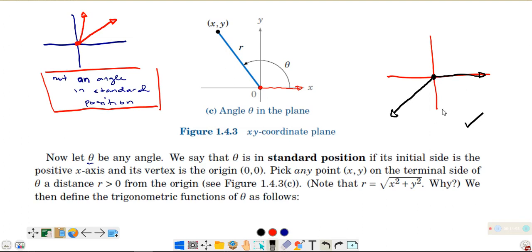Si terminal side, kahit saan yan pumesto. Kahit nasa quadrant 1 yan, quadrant 2, quadrant 3, quadrant 4, okay lang. Pwede nga na nandito rin siya sa mga axis. As long as your initial side is in the positive x-axis and your vertex is at the origin, that is an angle in standard position. Okay? Ito lang ang titingnan.